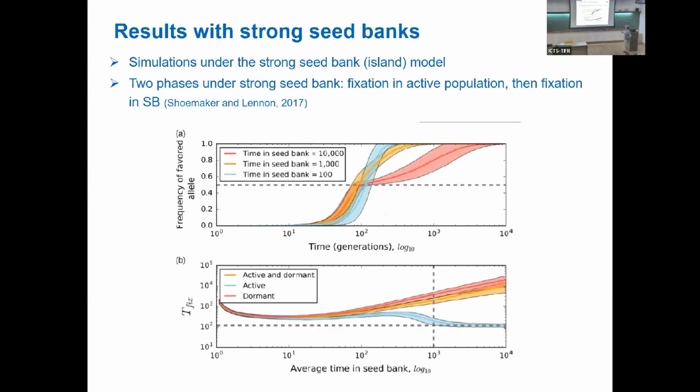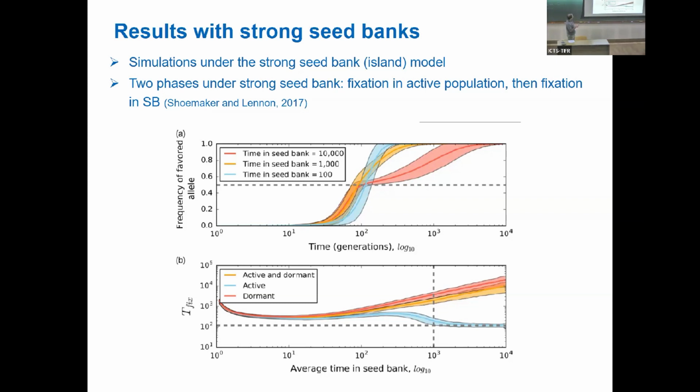Okay, so what is a bit of an intuition was provided in this paper by Shoemaker and Lennon, where they did some simulations, but they did very few simulations, so it doesn't entirely help. But then they use the same model with the two demes I showed you from Blath. And what they show is the frequency of the allele under positive selection.